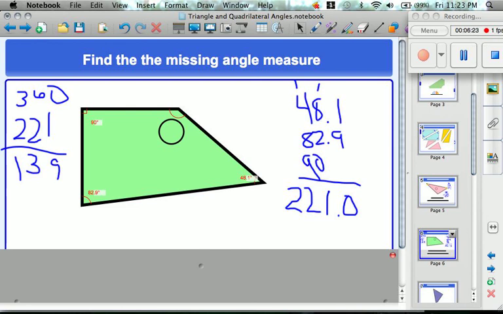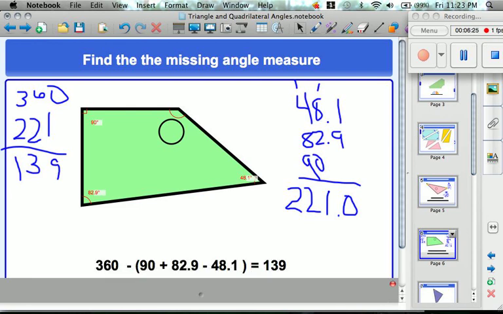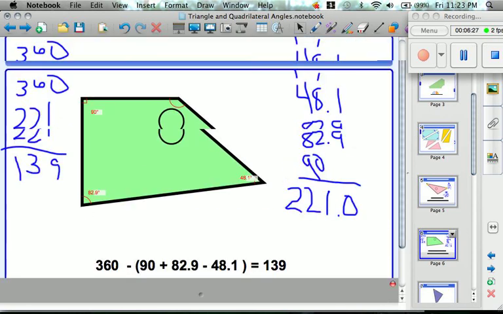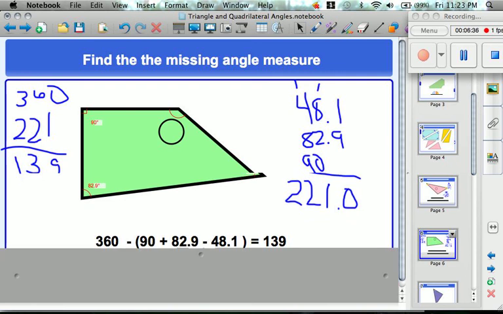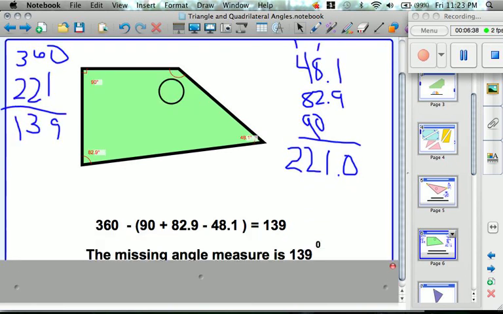So let's see, we have 360 degrees subtracting the 90 degree angle, 82.9 degree angle, and the 48.1 degree angle, and it gives us 139 degrees. So the missing angle measure is 139 degrees.